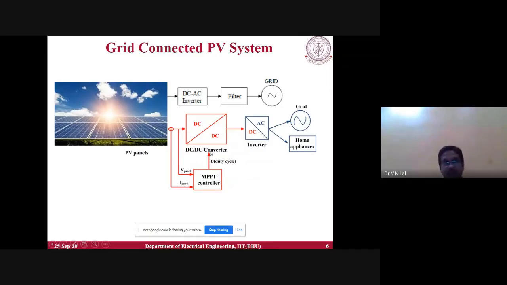If it is a DC to DC converter, the reference will be the duty cycle, and if it is a DC to AC converter, the reference will be a simple voltage reference to the voltage controller, and it will fix this voltage equal to the reference given by this MPPT controller.